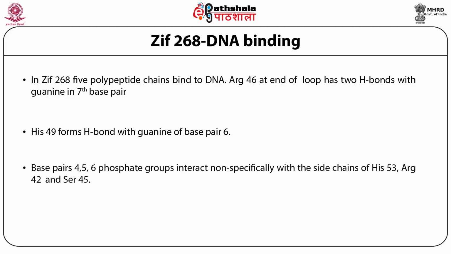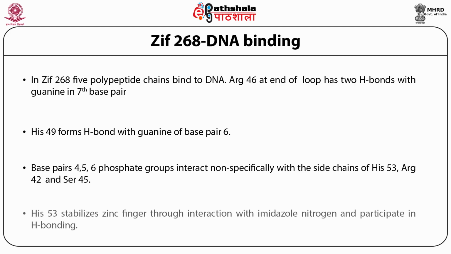Base pairs 2, 5, 6 phosphate groups interact non-specifically with the side chains of histidine 53, arginine 42 and serine 45. Histidine 53 stabilizes the zinc finger through interaction with imidazole nitrogen, and participates in H bonding.